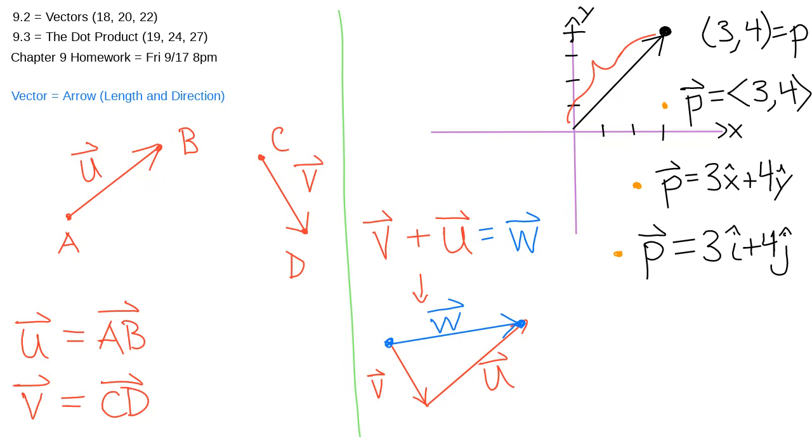You take the first vector, you take the second vector, you put its tail on the previous head, and then you go from beginning to end. You make a triangle out of it.